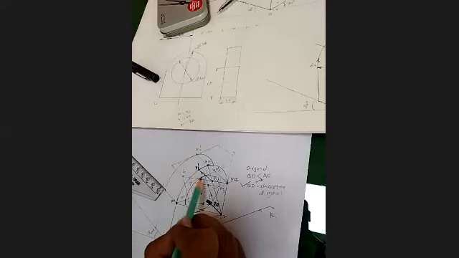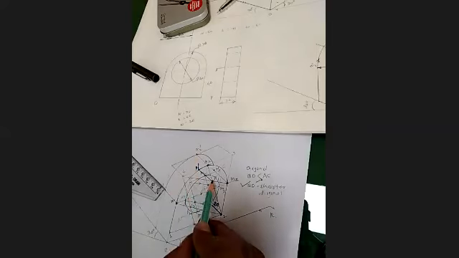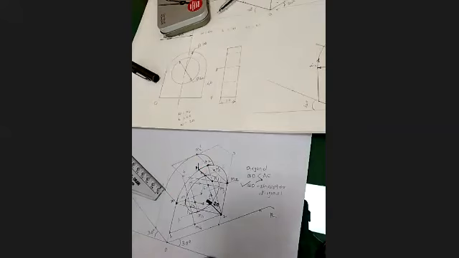With P1 dash as a center, and taking distance P1 dash to M2 dash, that will be the distance equal to P1 to M2. Okay. Have you got this arc? If done, let me know. So I will explain the last step now.